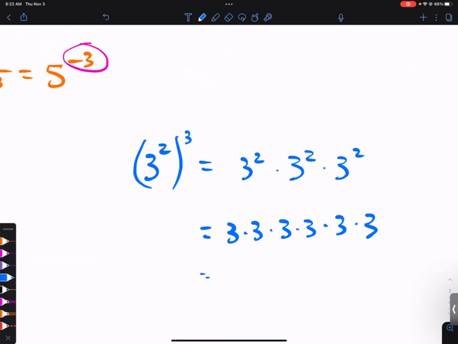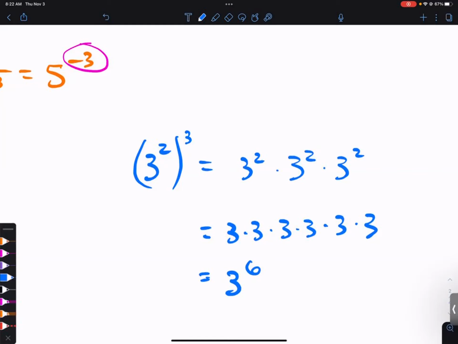So total, we've got 6 of them. And the faster way to get to 6 than writing all that out would be to take 2 and 3 and multiply, right? So power raised to another power, you multiply the exponents. That's how you combine them. Because of how exponents work and because how we're using the sort of shorthand multiplication.